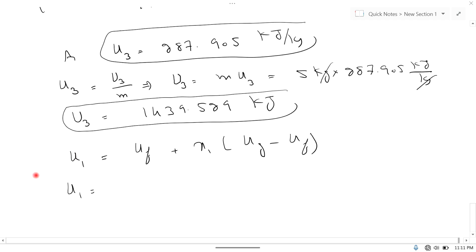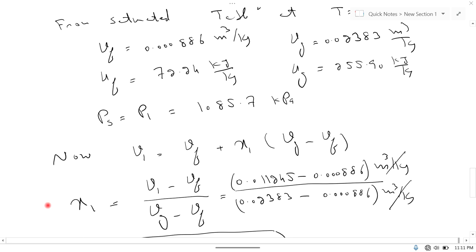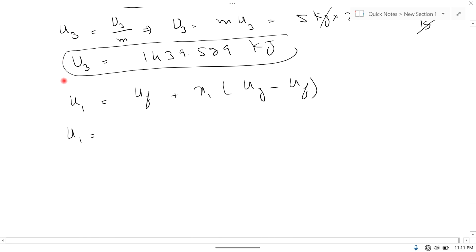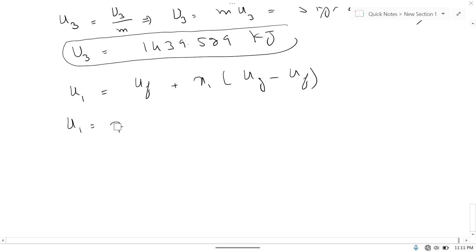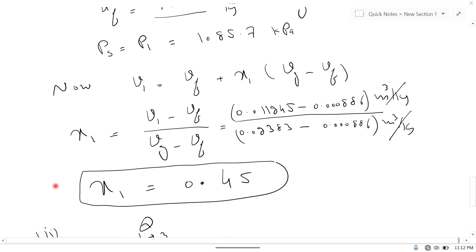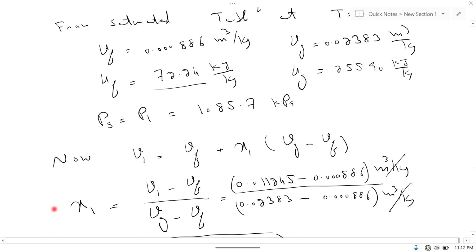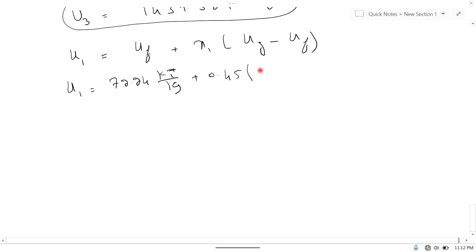Uf is 72.24 kilojoule per kg, plus x1, which is equal to 0.45, and Ug is equal to 255.90 minus Uf, 72.24 kilojoule per kg.